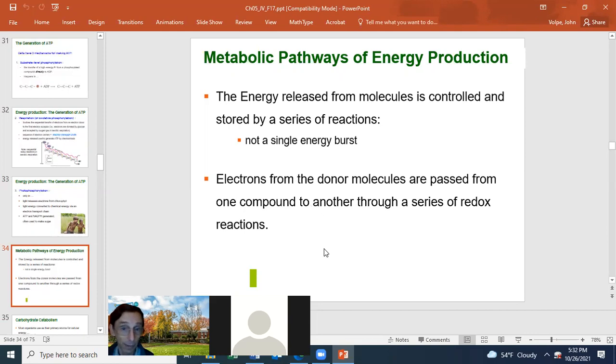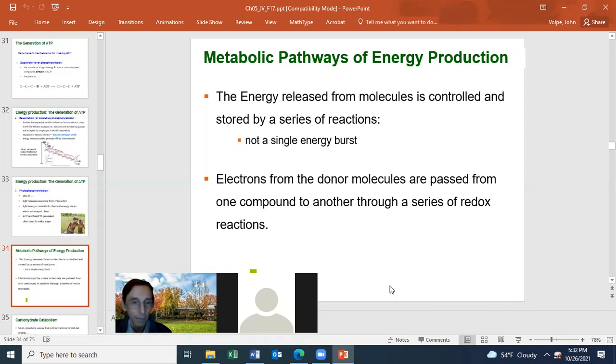It's not a single energy burst, as I stated, because if you were to burn, like I said, a beaker of glucose, I couldn't be here if the glucose were that close to me. I'd have to be like 6 feet away because it releases so much energy. And how the cells do that is the electrons from the donor molecule are passed from one compound to another through a series of redox reactions, releasing that energy slowly.